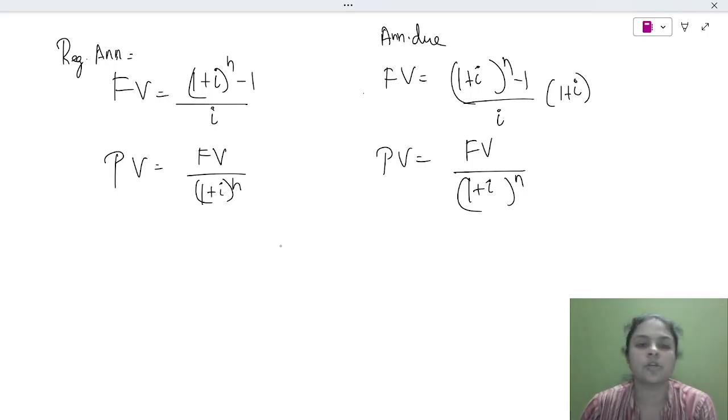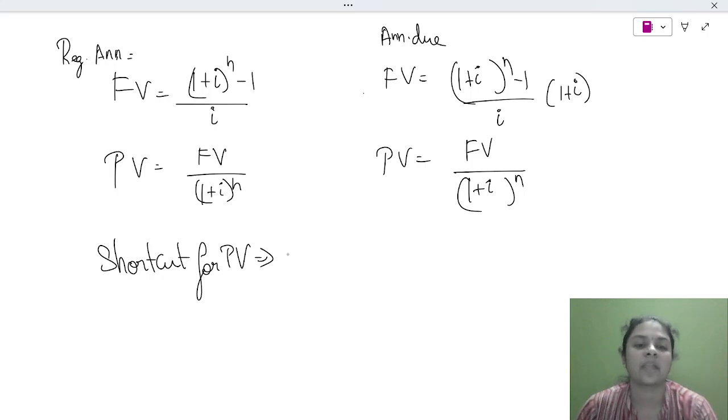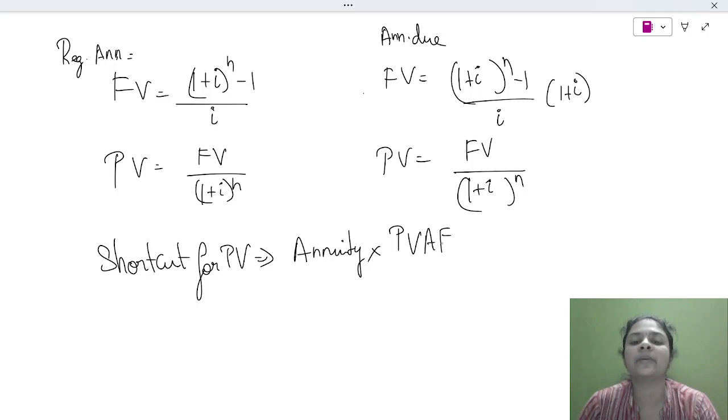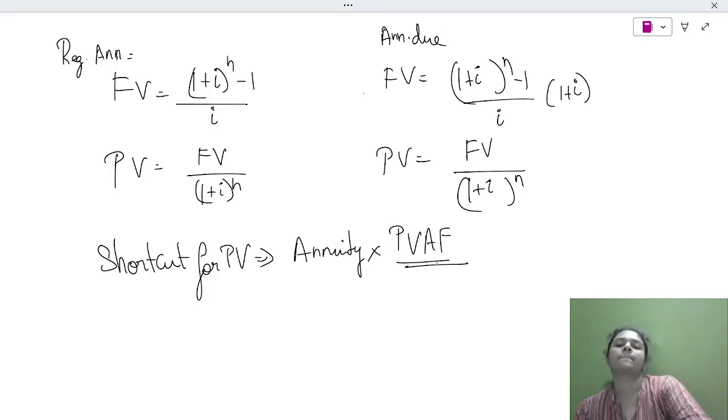Or you can also use a shortcut formula. Shortcut for present value is nothing but annuity into present value annuity factor. How to find out present value annuity factor?